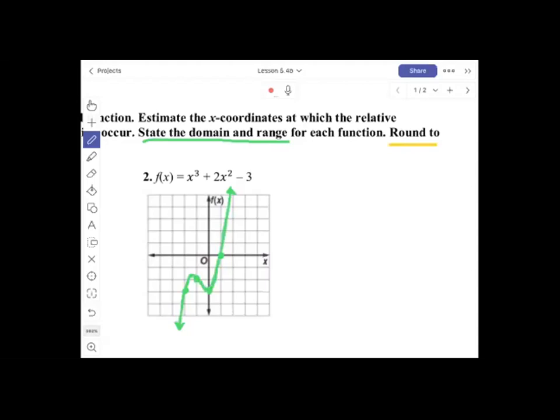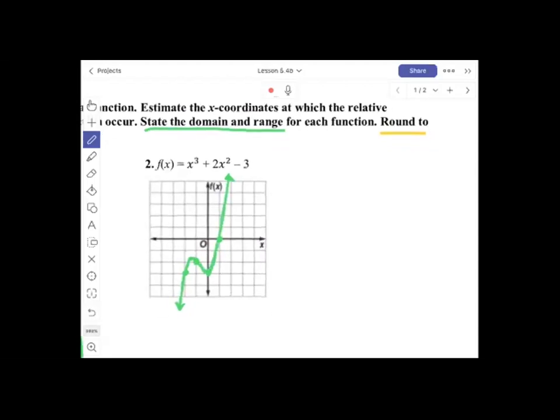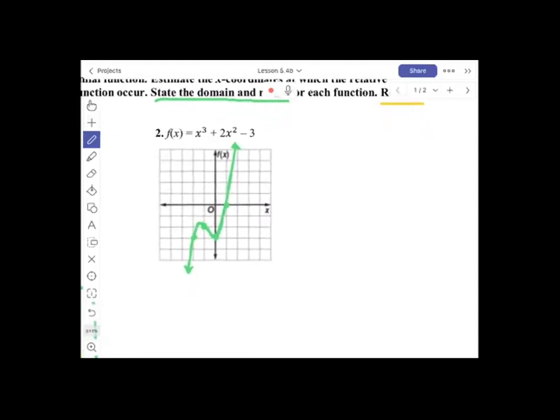Cool. Let me go ahead and get some volunteers for the relative max and min. All right. Yuki, let's start with you. Go ahead and you can pick relative max or relative min. I'll let you decide. Is the relative max x equals 0? Relative max or min? Which point are you looking at?